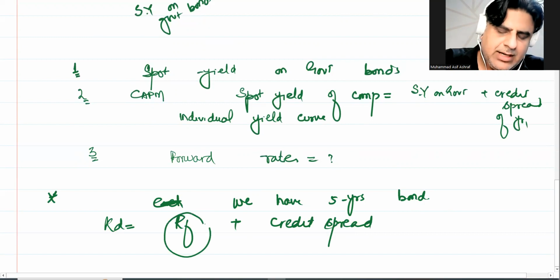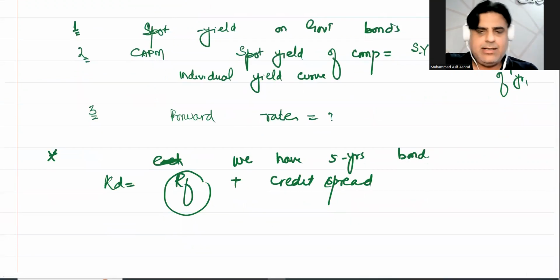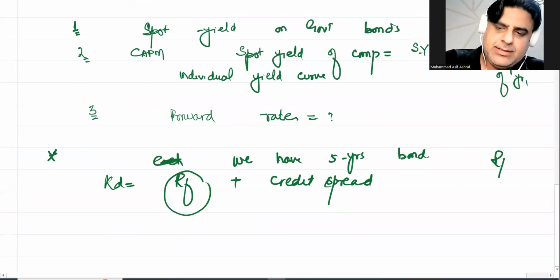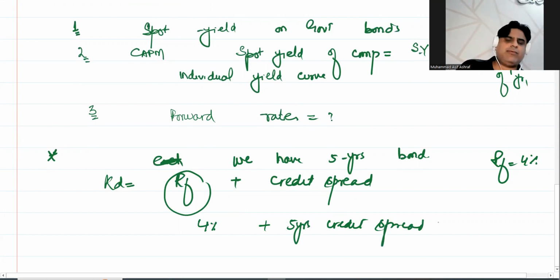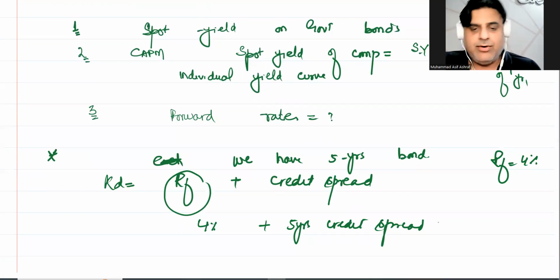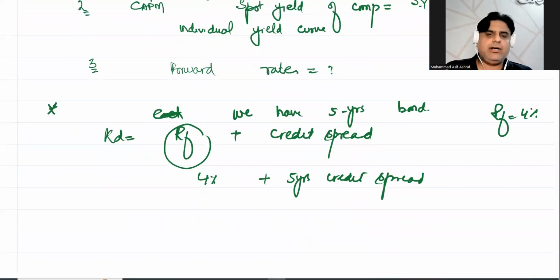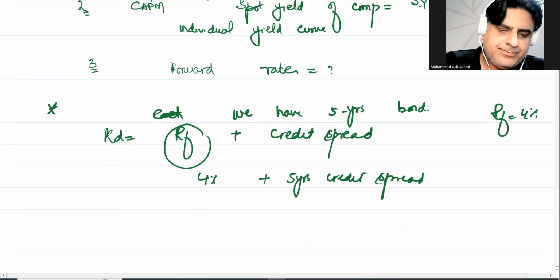Let's say RF is 4%, plus the 5 year credit spread. This would be the cost of debt, or the total yield of the bond over 5 years per annum.